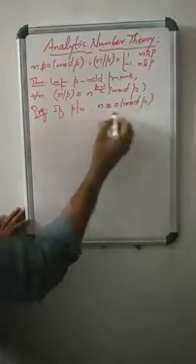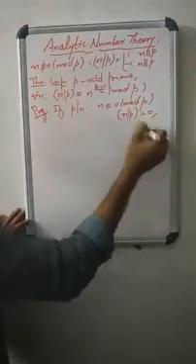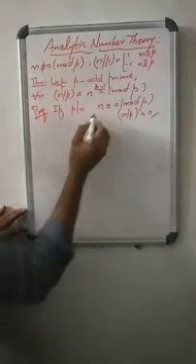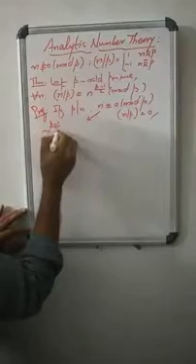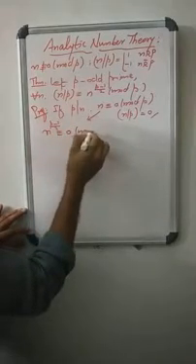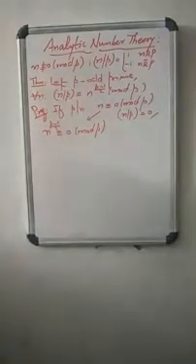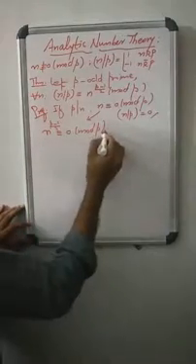If p divides n, that is n is congruent to 0 mod p, what is the Legendre symbol? Then we know that (n/p) equals 0. Now again, when n is congruent to 0 mod p, n power (p minus 1)/2 is also congruent to 0 mod p.